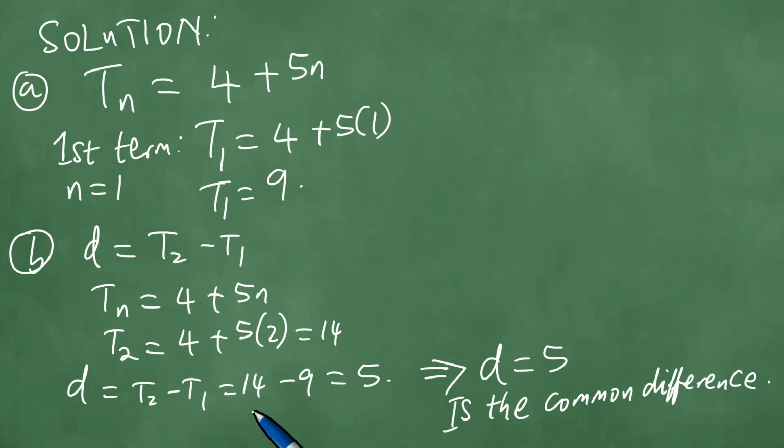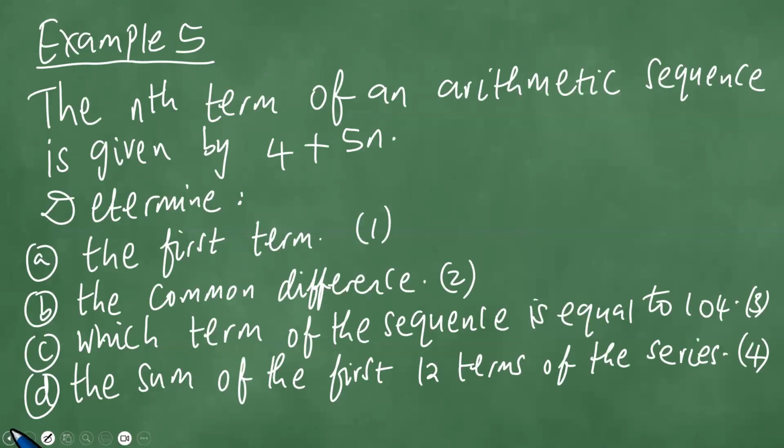Now, the next question. The common difference we've already got. Which term of the sequence is equal to 104? So the examiner is saying there is a term in the sequence that is 104. But which one? Is it the first, the second, the third?